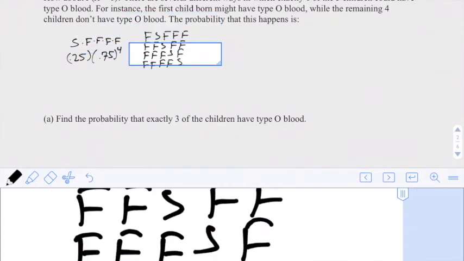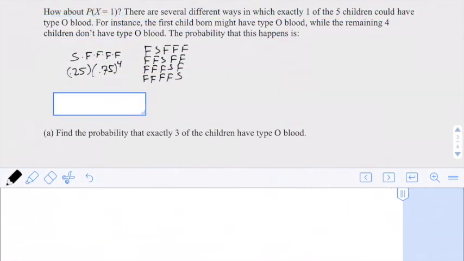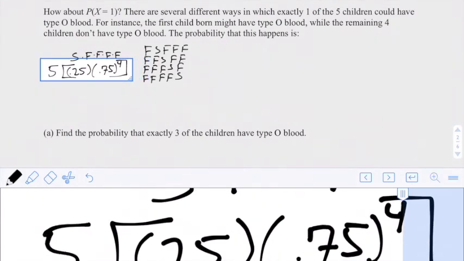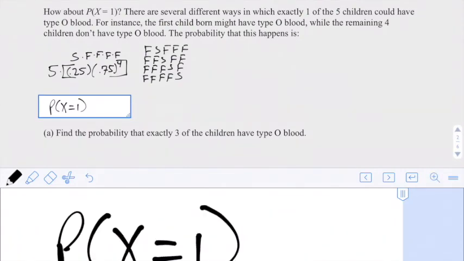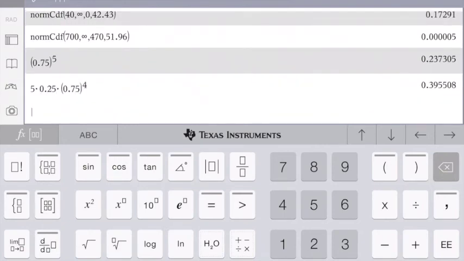There are 5 different ways we could have one of the 5 children having type O blood. So we multiply this whole thing times 5. The probability that X equals 1 is 0.395. So I'm going to say 0.396.